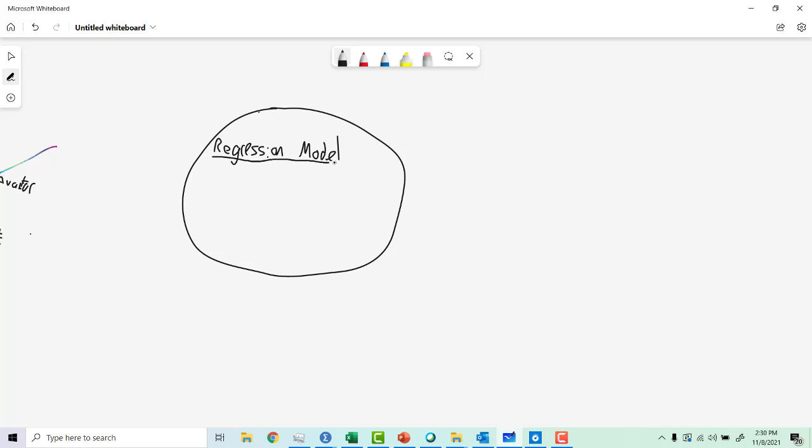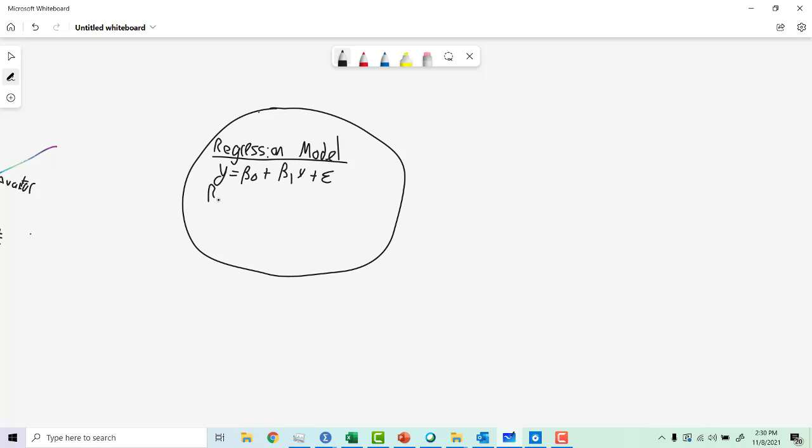Okay, so we had this idea of a regression model, and I'll draw this beautiful circle here, and we're going to have a regression model. We've got y equals beta 0 plus beta 1 x plus the error.